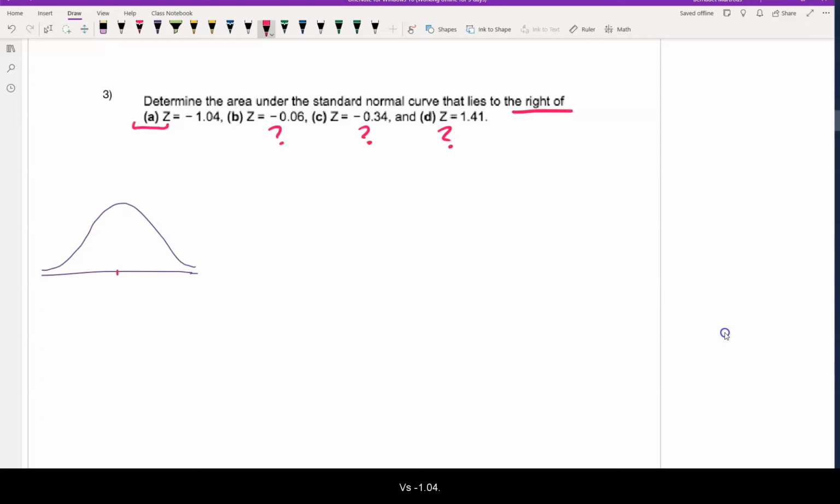So between is 0 and z is negative 1.04. Let's assume that here is our z-score. Obviously, this is negative, and that should be to the left of 0. So this is exactly the same as a number line. In between we have 0, on the right side we have positive numbers, and on the left side we have negative numbers.